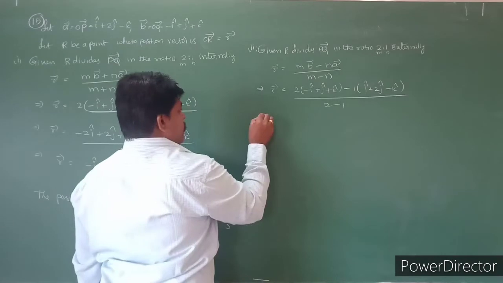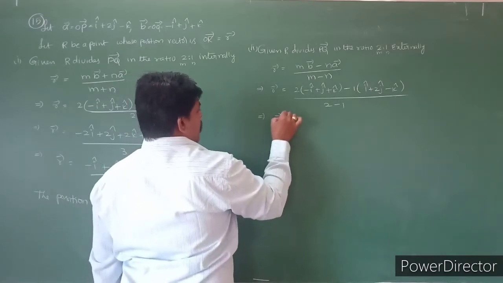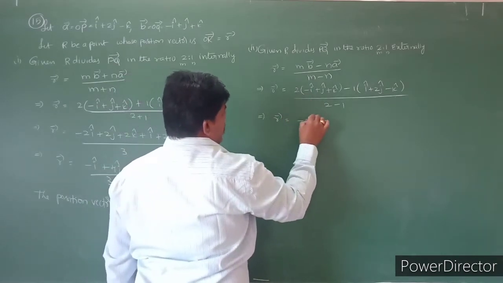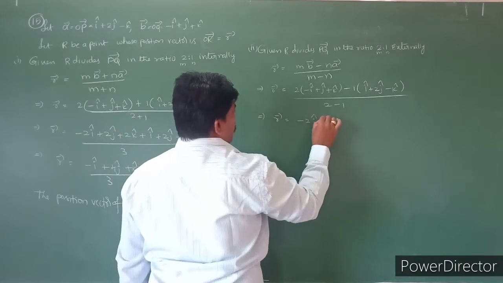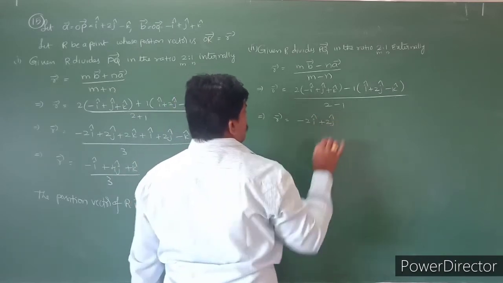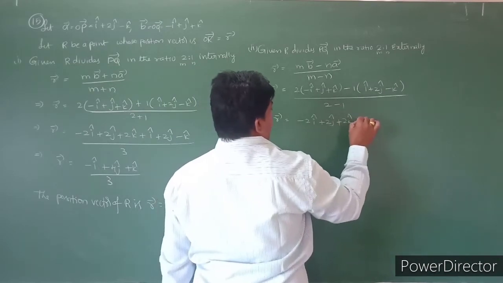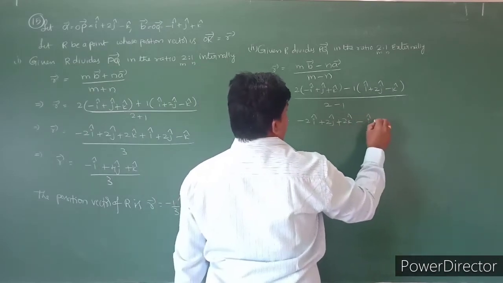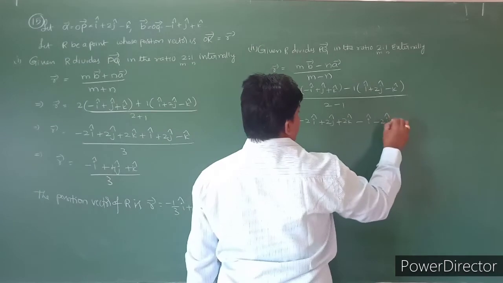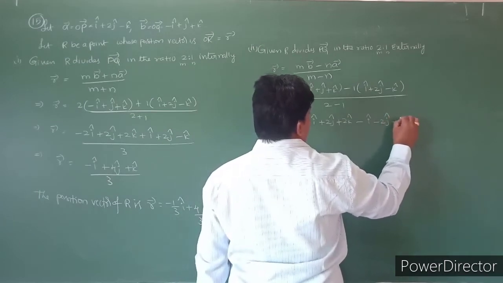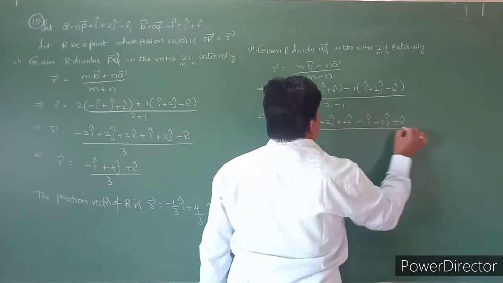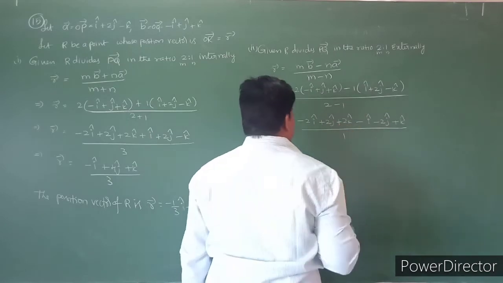So that implies r bar is equal to 2i cap plus 2j cap plus 2k cap minus i cap minus 2j cap plus k cap, divided by 2 minus 1, which is 1.